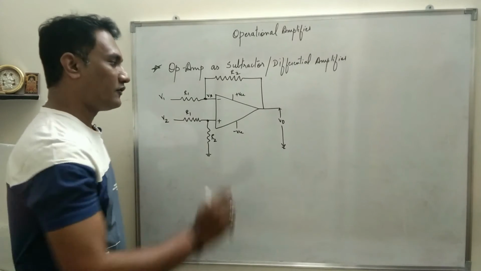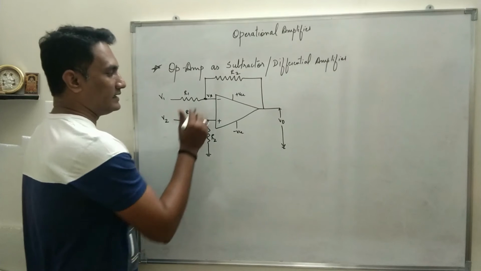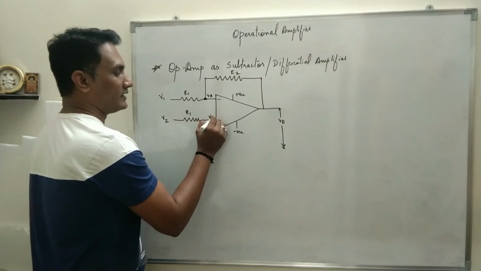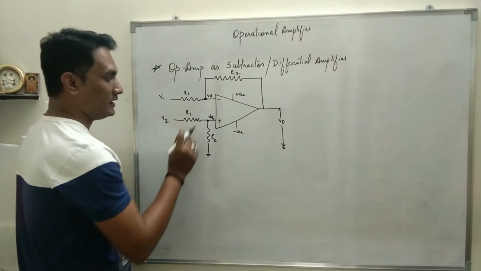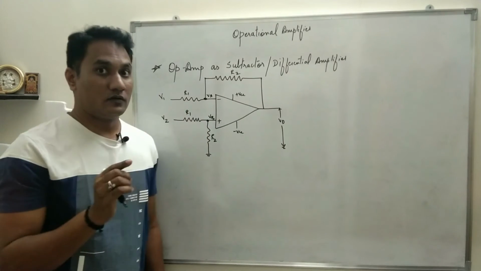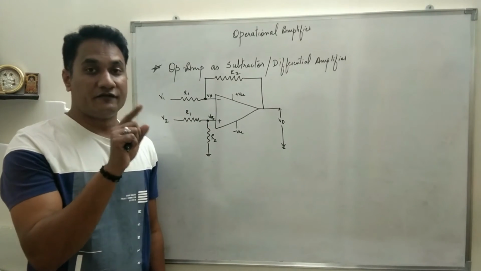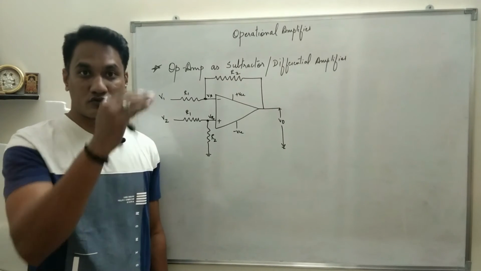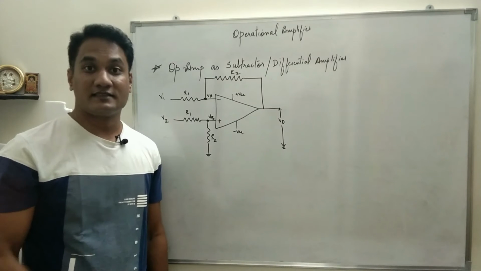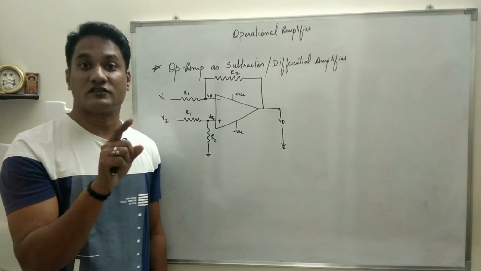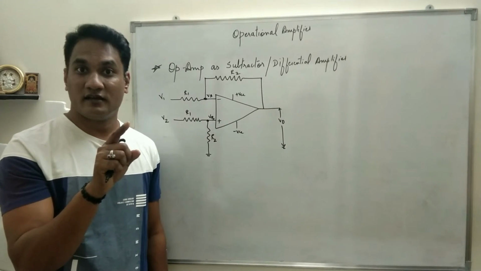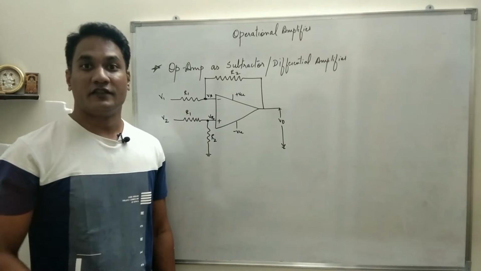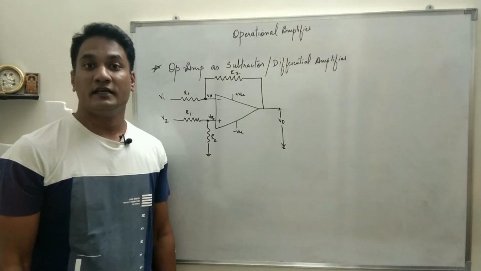The first thing we will understand is, I will call these two points VA and VB. Now what happens in the differential amplifier, when you give two different inputs to the two different terminals, the difference of the two is called the error voltage. At that point the gain is infinite, therefore the difference between the two will be 0.